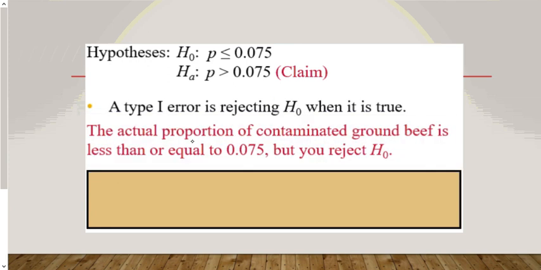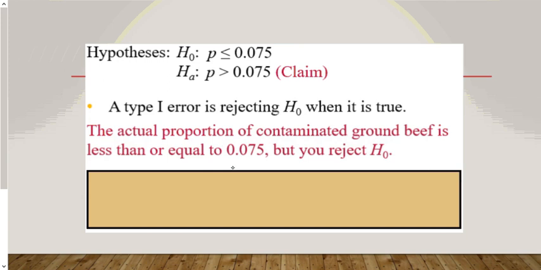The actual proportion of ground beef is less than or equal to 0.075, but you reject it. It's the same thing I just said, just worded differently. You are saying the true contamination is very high when in actuality it's not.